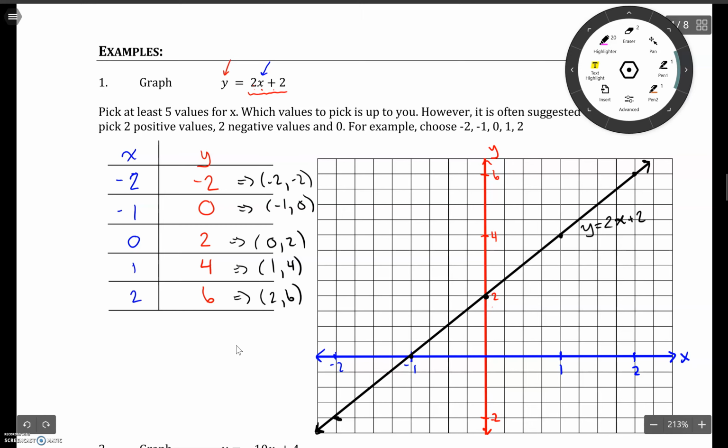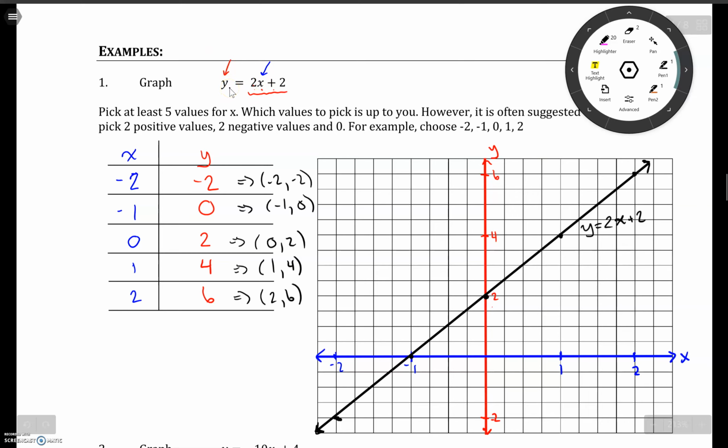And we expect you to label each of your graphs with the equation as well. Okay, so just to go through the steps for graphing again, we selected our x values. Using those x values, we calculated the corresponding y values using the formula.